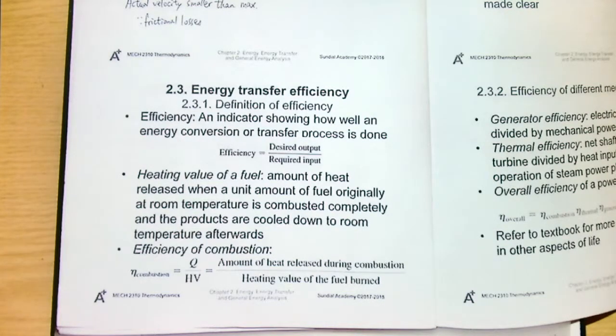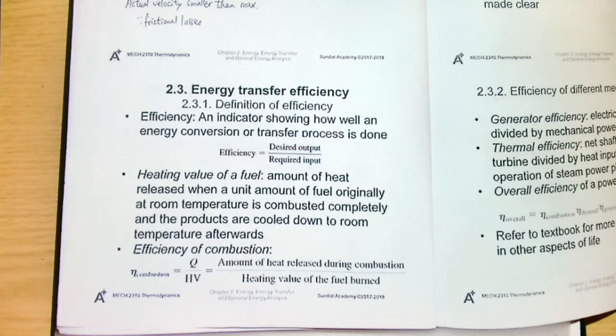For example, consider the combustion of a fuel. After a fuel is put in a combustion chamber, it's combusted, and the energy is released for different uses. If it is carried out in your engine, then the energy will be used to propel the car. Before talking about the combustion efficiency, we need to first define the energy input.